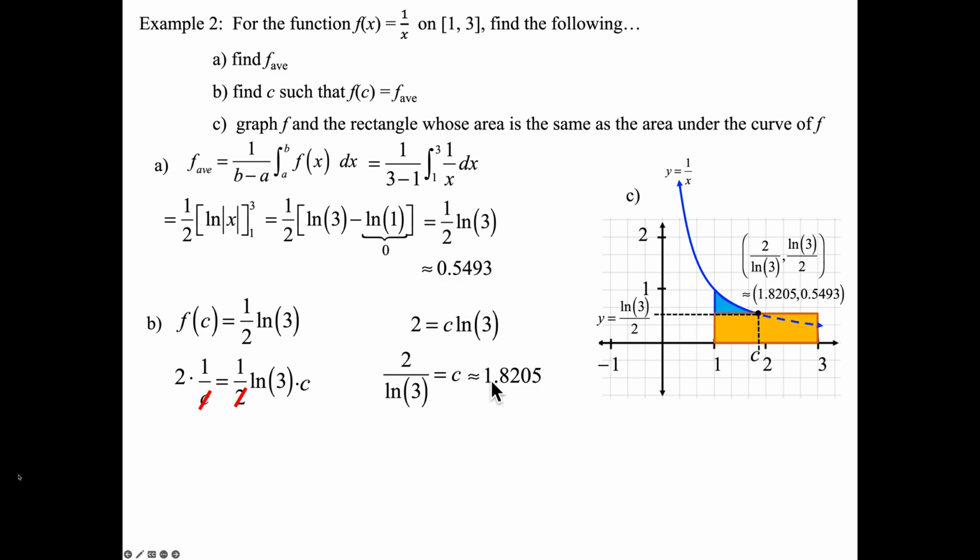So my c of 1.8205, or 2 over the natural log of 3, is the location between 1 and 3. My average function value, that's the height of my rectangle. So this gold area matches the exact same area as what's in the blue area.